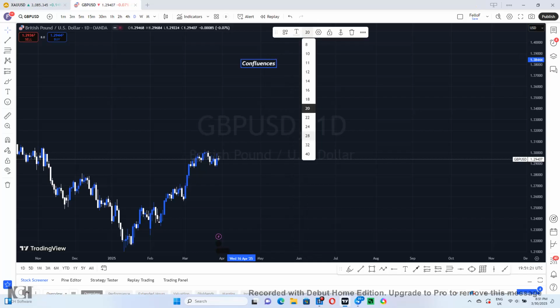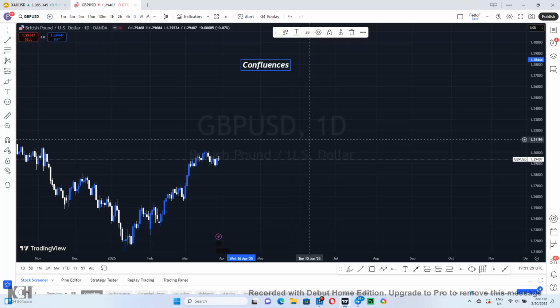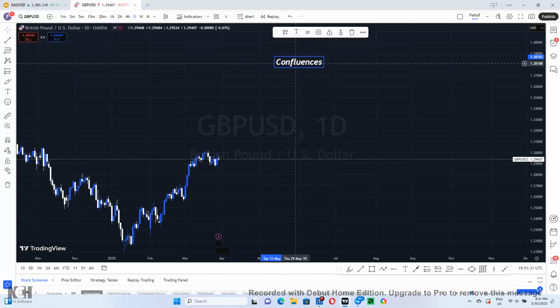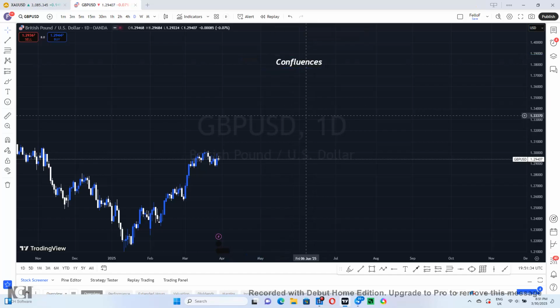You need 2, 3, or at most 4 confluences to make a trading decision. Like I said, confluences are the things you need to see to validate your decision, whether you have to buy, sell, or stay patient and watch the market. So I have a couple of confluences we'll talk about.